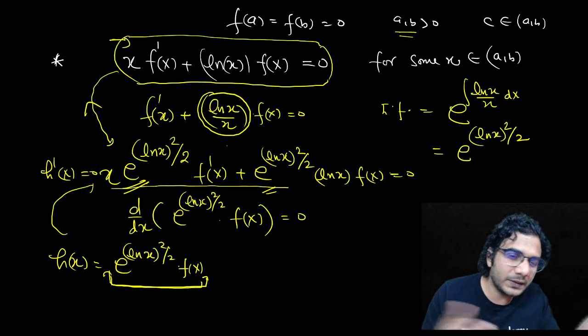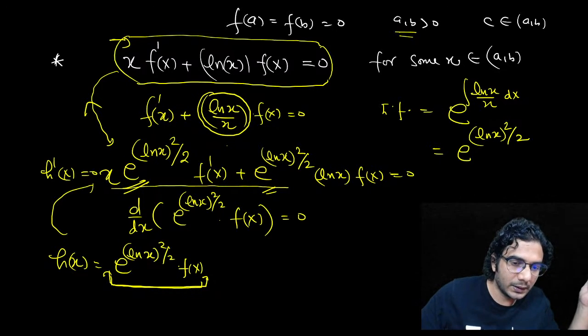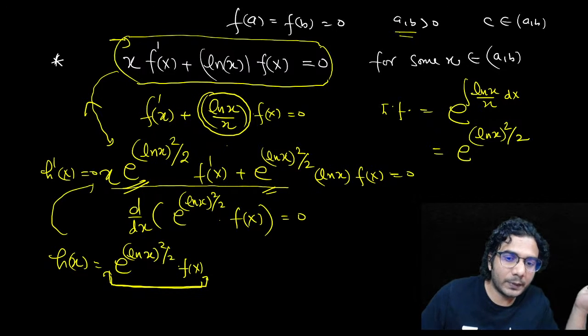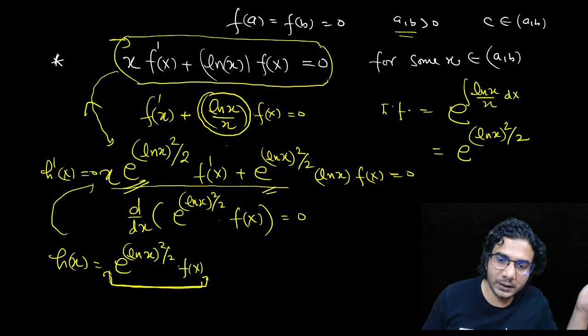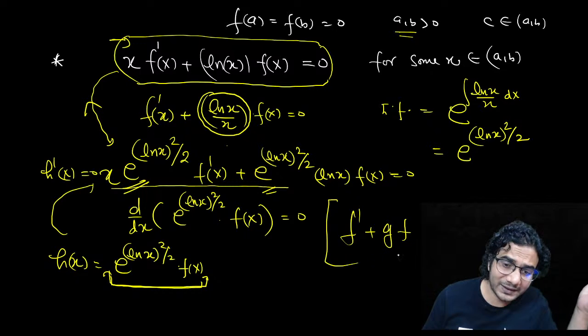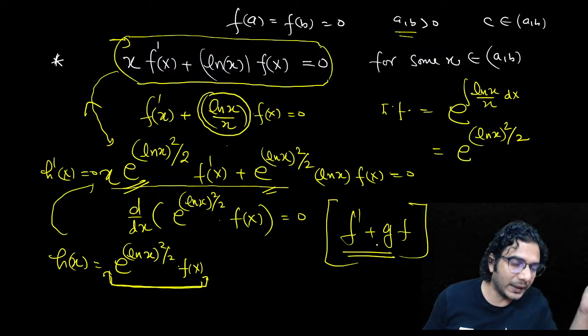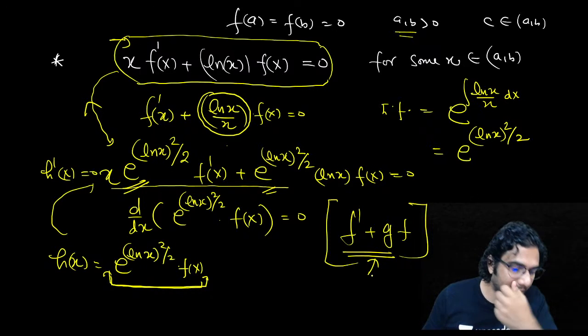So this is one of the procedures to find whose derivative this is, and it is applicable only to one type of equation, and that type is f dash plus g into f. If this type of expression is given, then you can make it an exact derivative. So it's a process to make it the exact derivative of this particular expression.